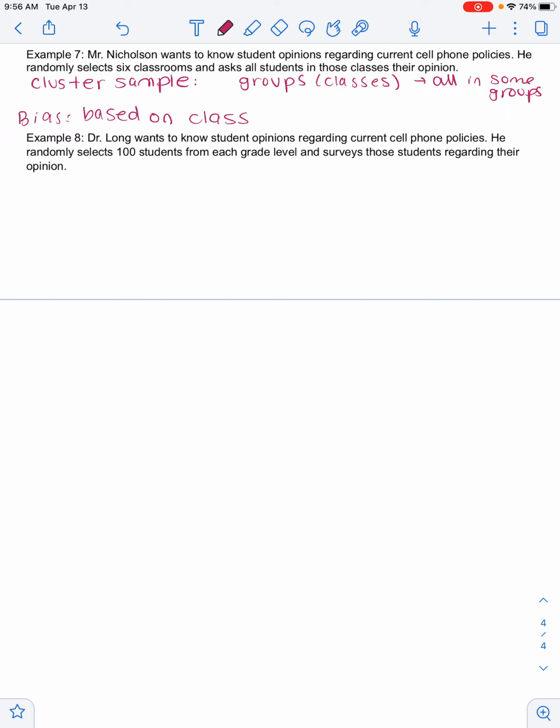In example 8, it says, Dr. Long wants to know student opinions regarding current cell phone policies. He randomly selects 100 students from each grade level and surveys those students regarding their opinion. This is an example of a stratified sample.